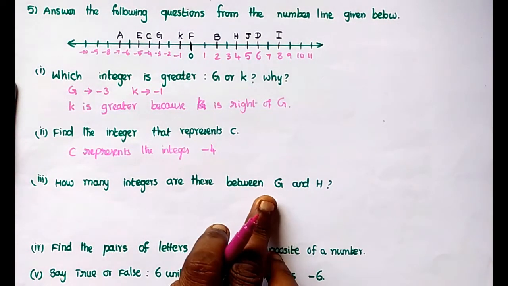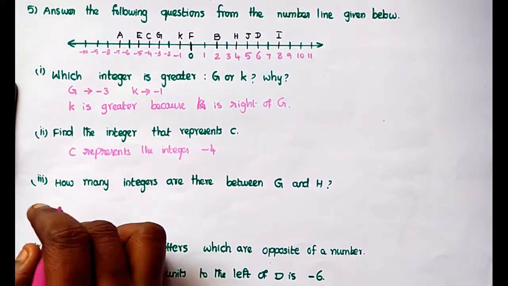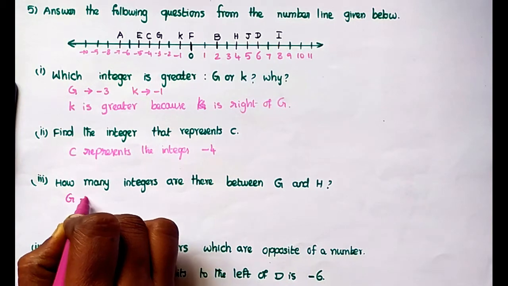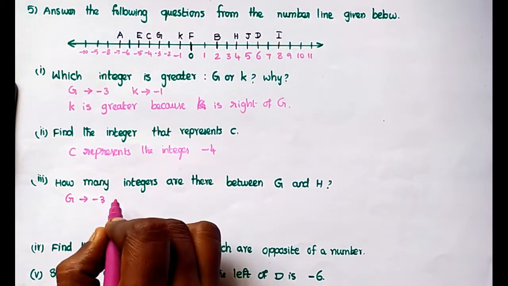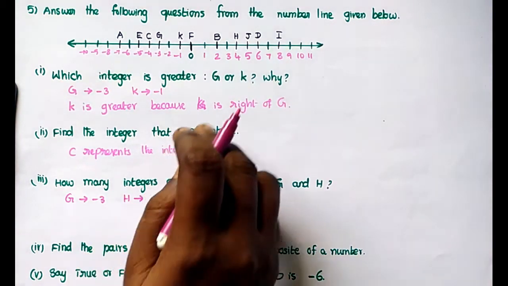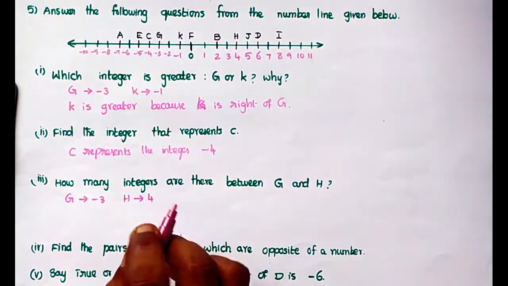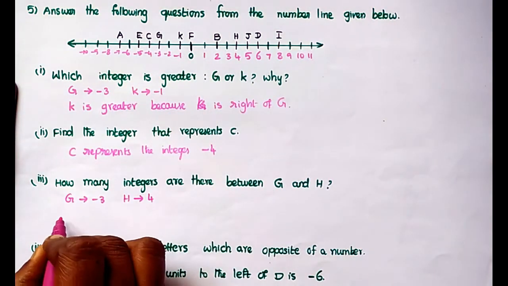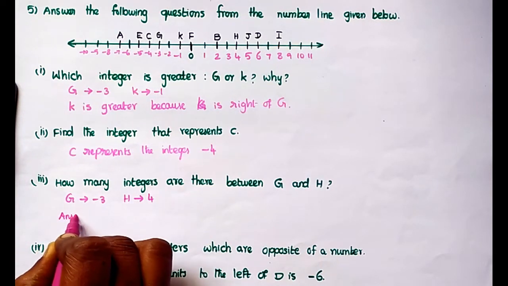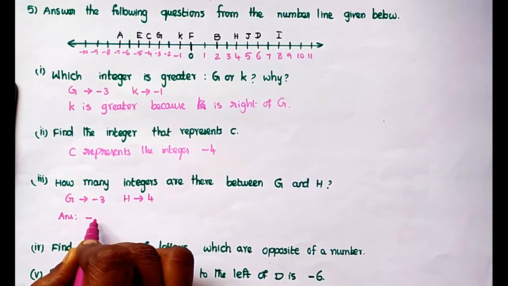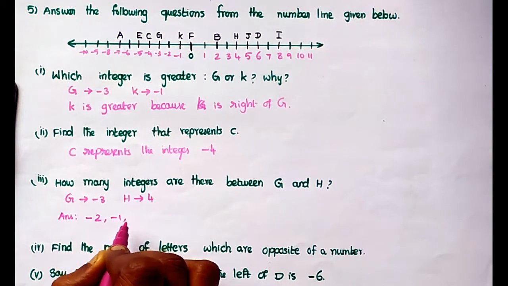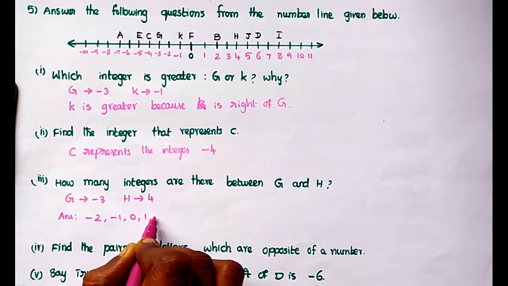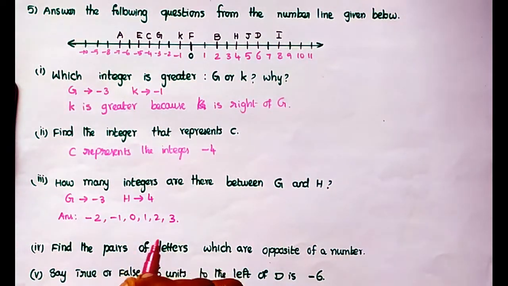First, which integer G denotes? That is -3 and H denotes +4. In between the numbers we have to write down now. So answer: -2, -1, 0, 1, 2, 3.